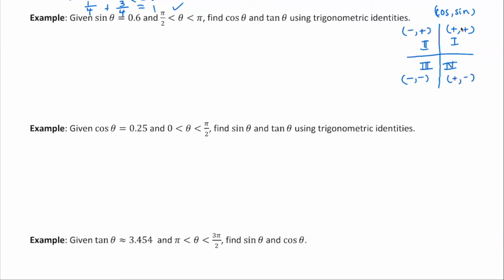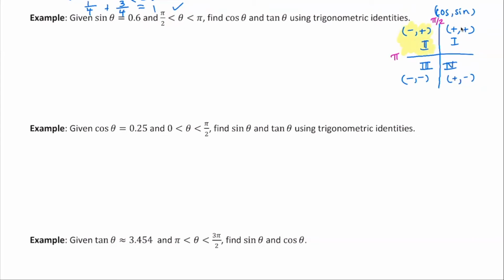So when they're telling us that our theta is between pi halves and pi, what they're telling us is what quadrant we are in. So pi halves, remember, is 90 degrees and pi is 180. So we know in this case, our theta is living in quadrant 2.